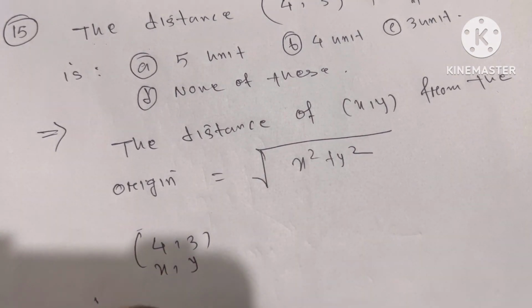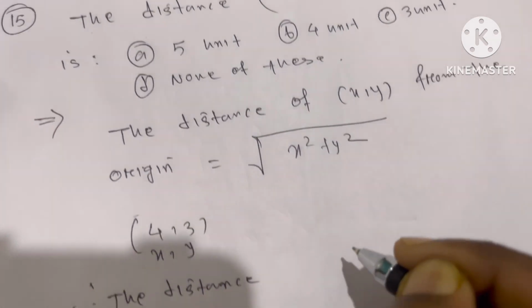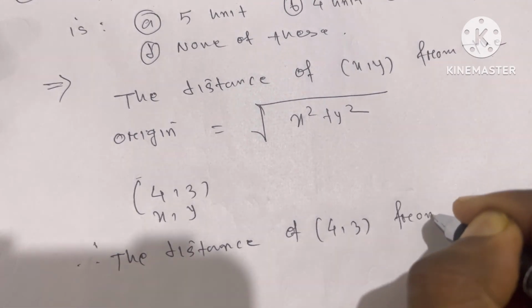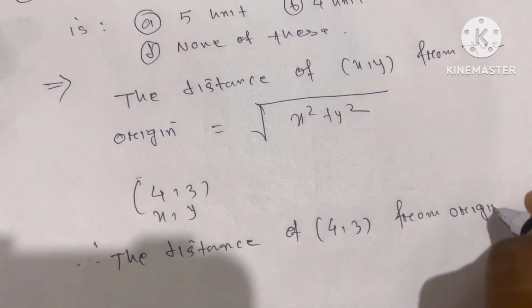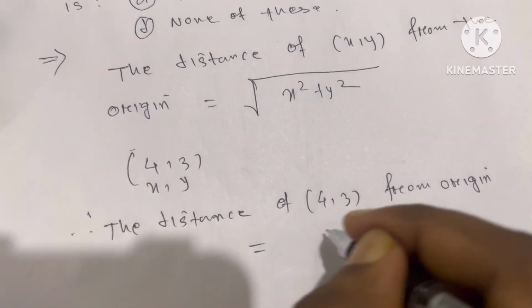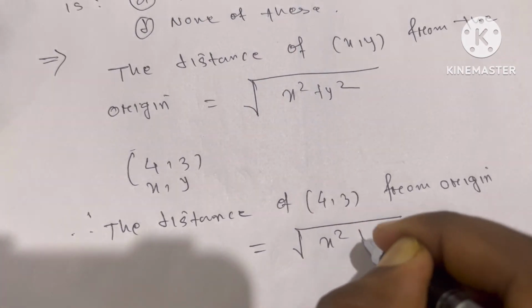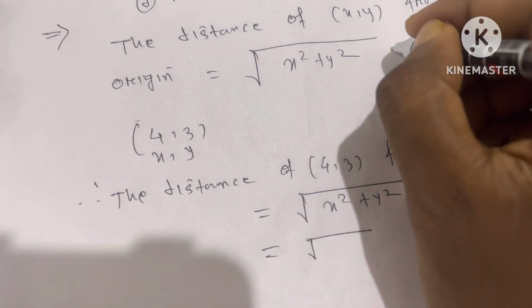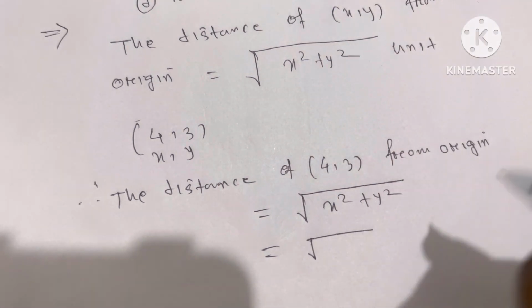So therefore the distance of 4, 3 from the origin is equal to, formula is root over x square plus y square. So put the value of x here, which is 4.